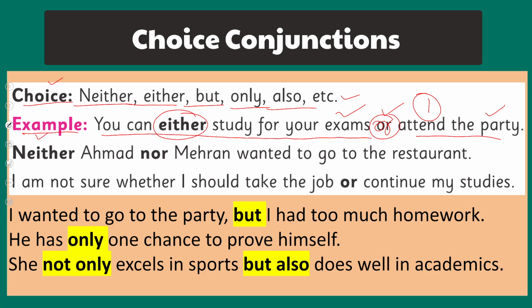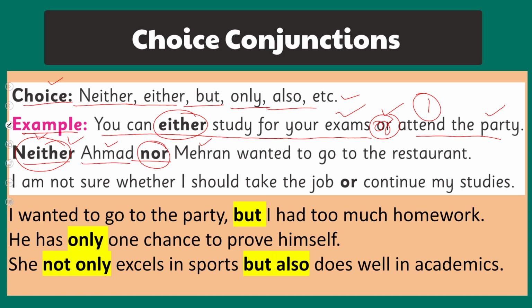We have another choice conjunction, neither nor. They are also correlative conjunctions if you remember from your previous lessons. This is showing negation: neither Ahmed nor Mehran wanted to go to the restaurant. It means that Ahmed and Mehran, both of them have the same kind of decision.